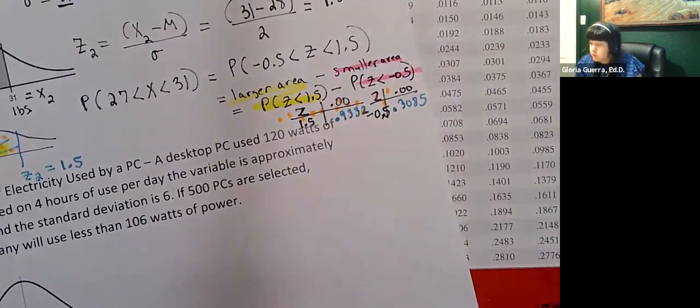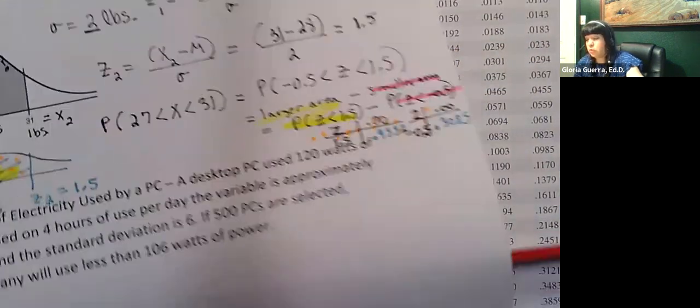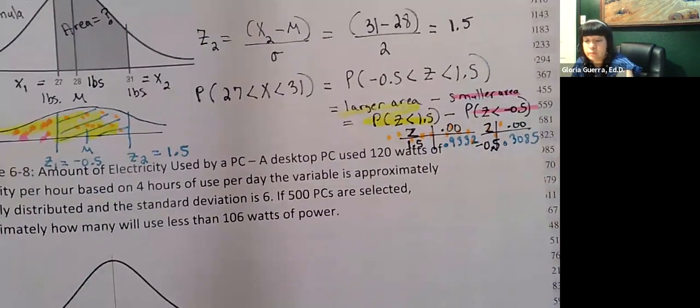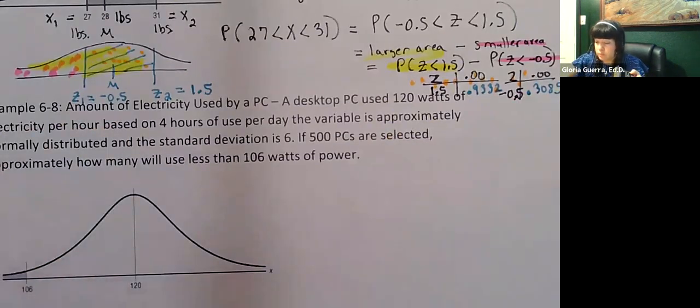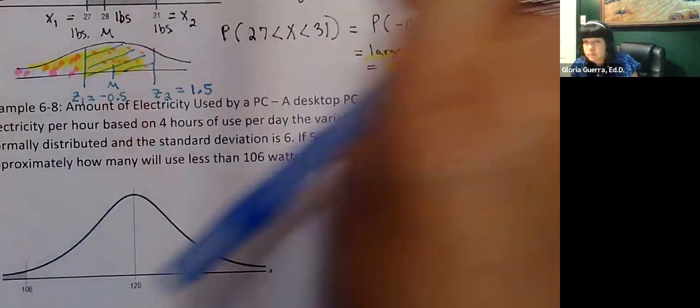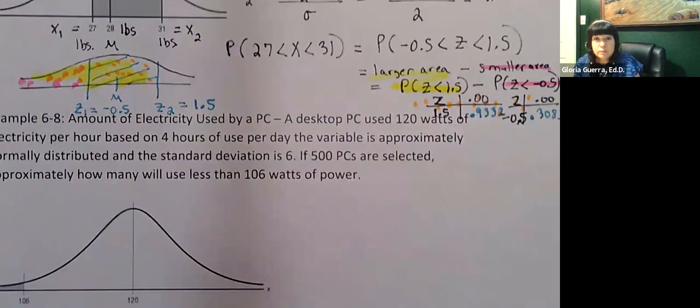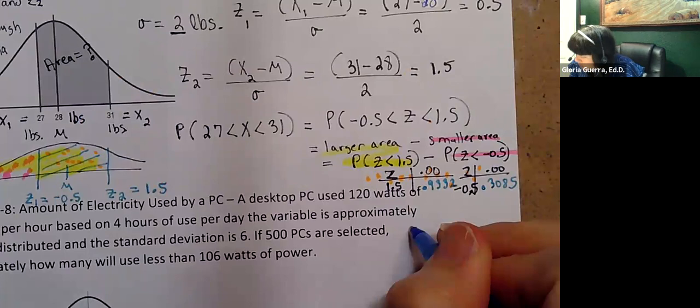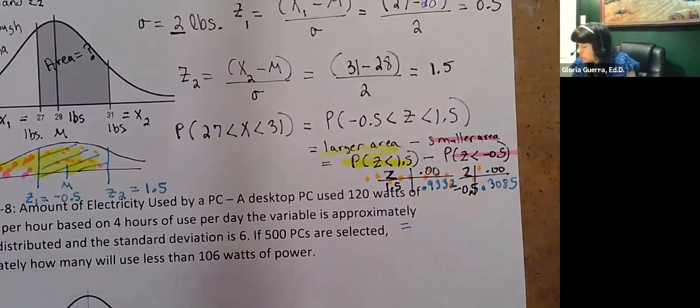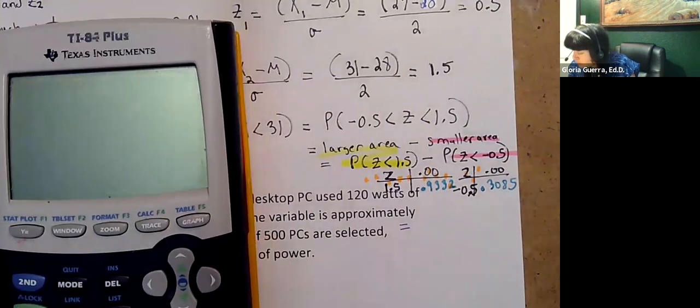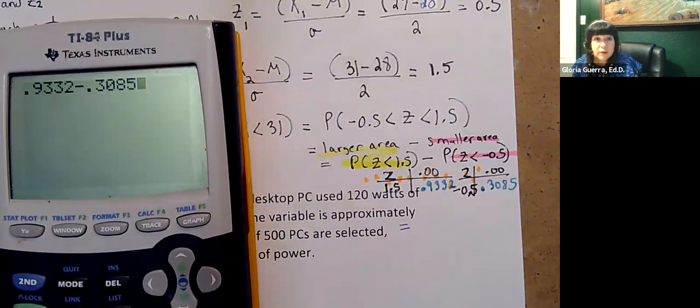Okay. And what you're going to do is subtract those. So we have 0.9332 minus 0.3085, right?